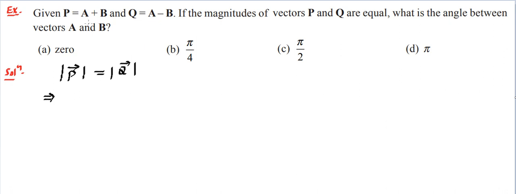So we will be using the formula of addition magnitude as well as subtraction magnitude. So basically it's going to be: magnitude of a vector plus b vector is equal to magnitude of a vector minus b vector. Now we have just learned about the magnitude of the difference of two vectors, and we already know the magnitude of addition of two vectors.